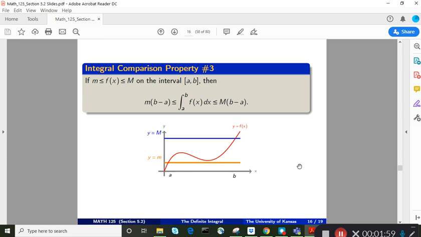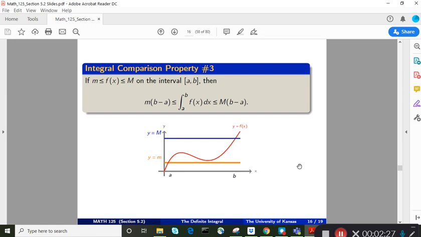Look at this function. It's the red curve, and then there's a blue line, y equal to capital M, and then the orange line, y equal to m. And if you look at this, the function stands between the two horizontal lines over a and b.